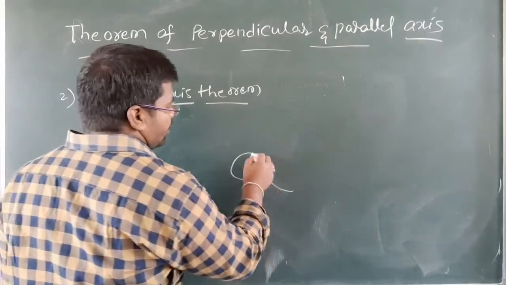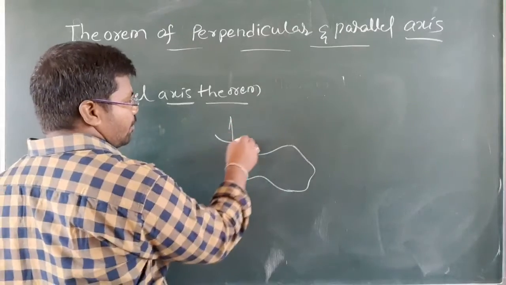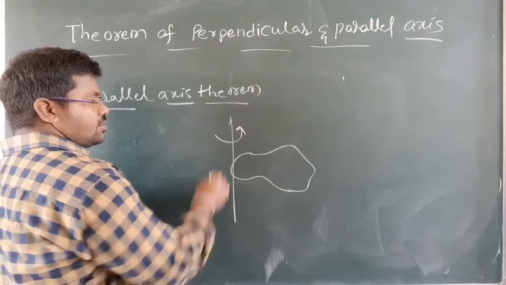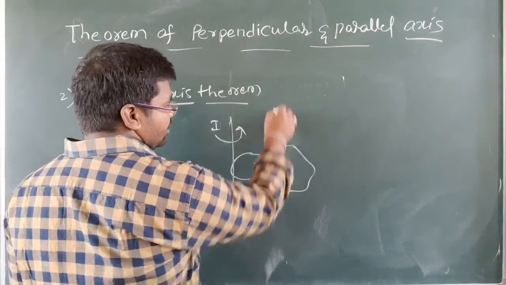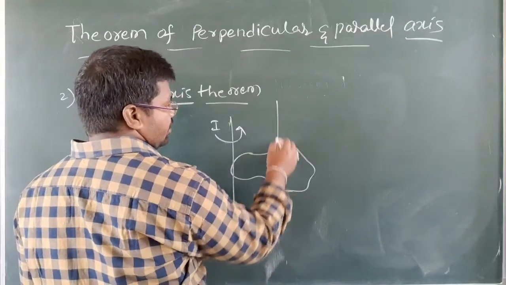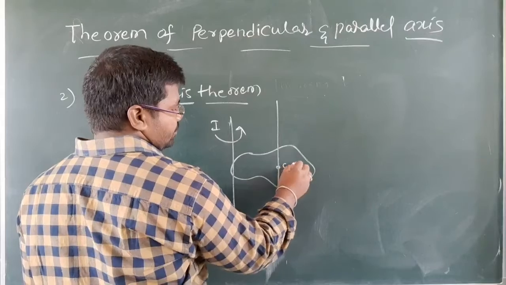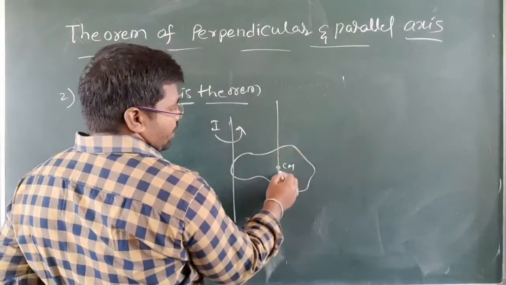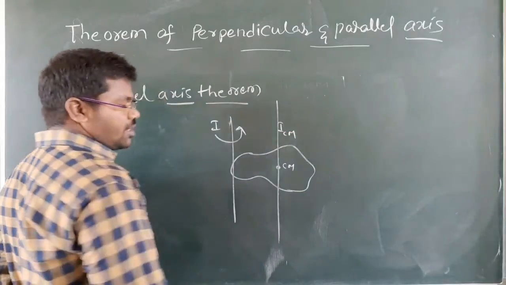So how can we represent it? Consider a rigid body like this. This body is rotating about this particular axis. It is denoted I. Then we can draw one line, the axis passing through the center of mass. The moment of inertia about the center of mass is ICM.